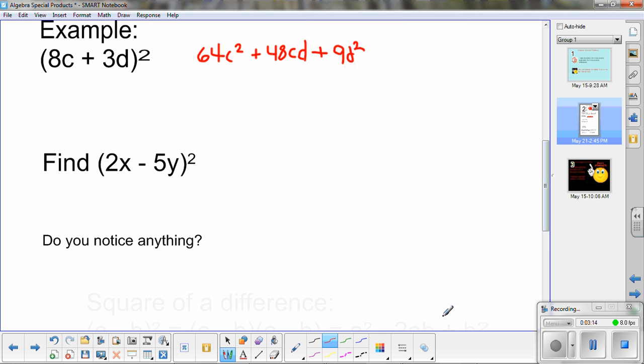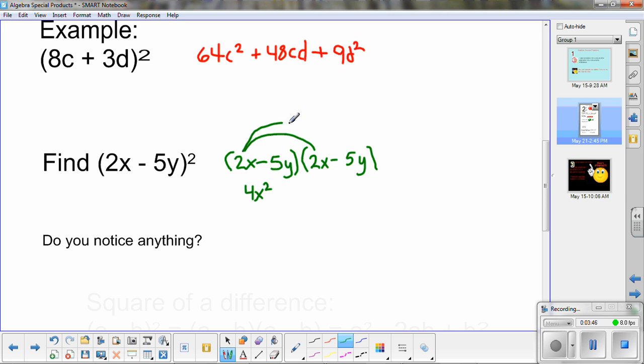Now let's consider this next example. If we work this out the long way using FOIL, the quantity 2x minus 5y times 2x minus 5y. The only difference in this problem is we have subtraction instead of addition. So let's see what happens here. Using FOIL, first, 2x times 2x is 4x squared.